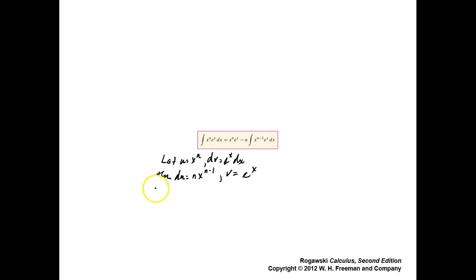Now, do this once. uv would be x to the n e to the x minus the integral of, this n is out front, that's just a number, x to the n minus 1 e to the x dx. And that's exactly what they got up above.